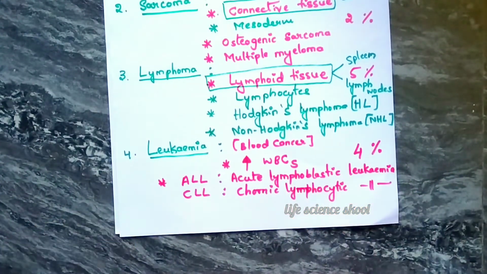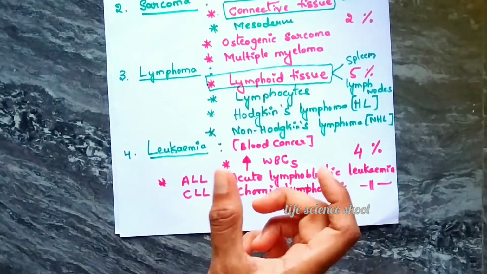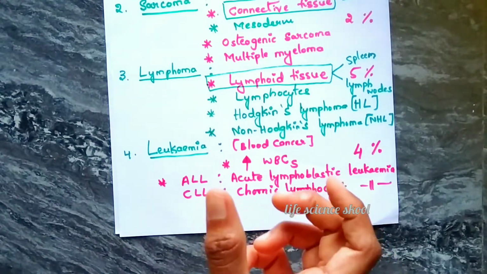Okay, these are the two types of leukemia cancers. And here the cancer cells replace the hematopoietic cells of the bone marrow, which give rise to all other blood cells. Hematopoietic cells are cells of the bone marrow.